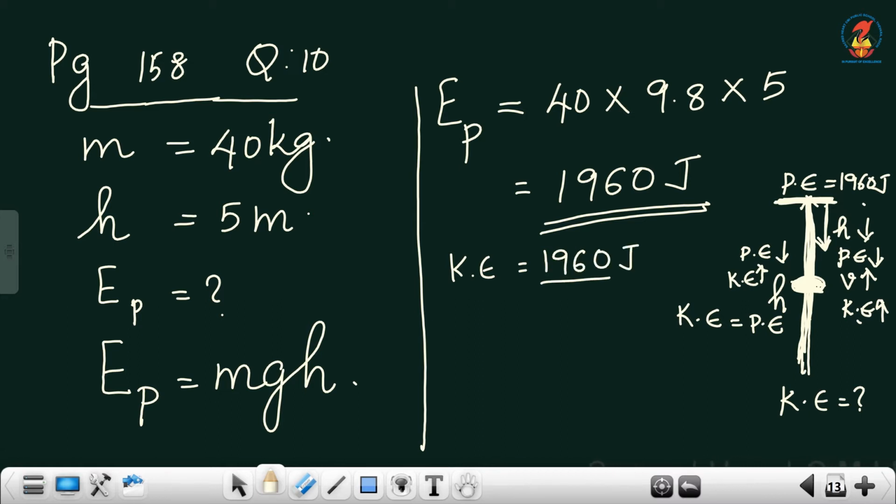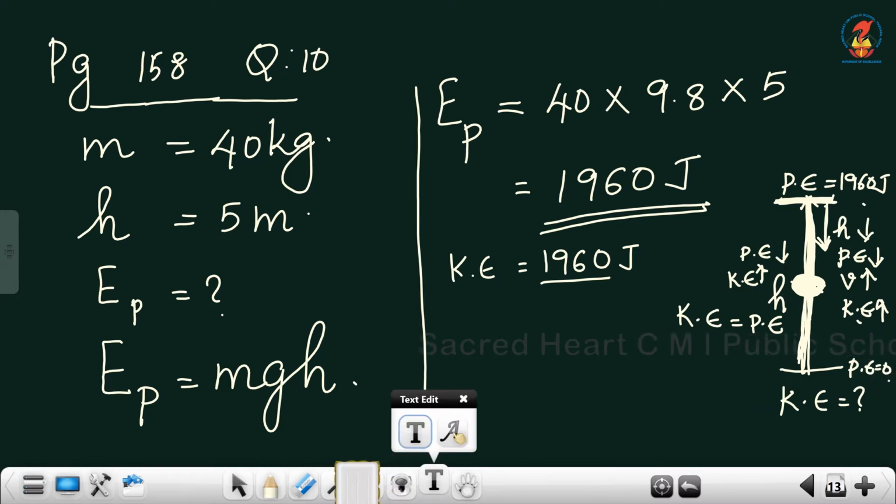When it covers half the distance, the potential energy will decrease and finally reaches half the value. And when again it reaches the ground, potential energy becomes 0 and kinetic energy becomes the maximum. So when the object is at a height, maximum potential energy, as it descends, potential energy decreases, and at halfway, potential energy decreases to half its initial value, and finally when it reaches the ground, potential energy decreases to 0.